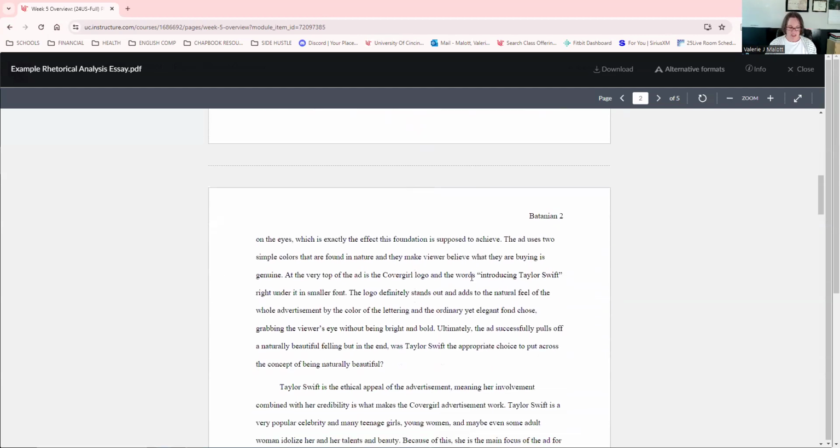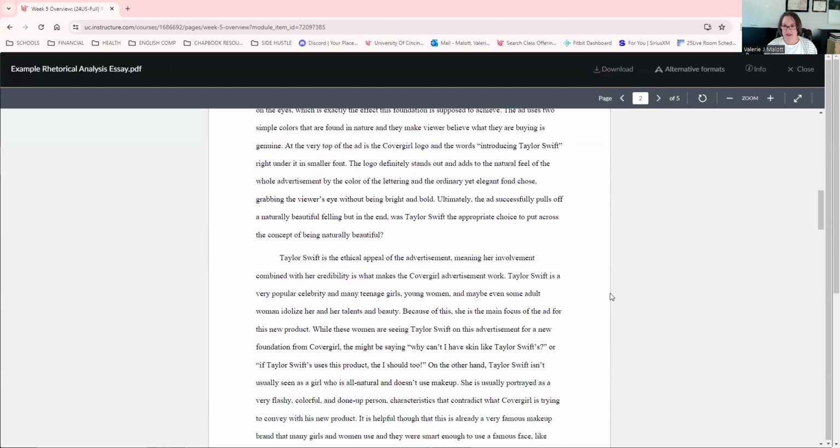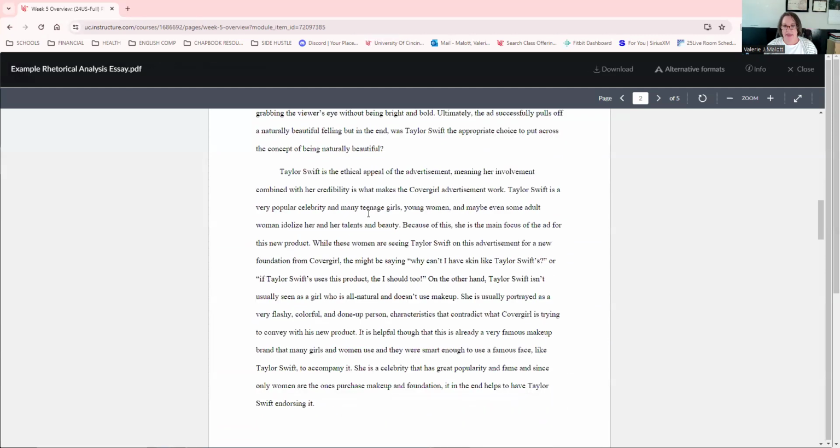It could be a little bit of a summary. That's always a good suggestion to start with some background or some summary information so that your audience understands the ad that you are discussing because they're not actually looking at it while they're reading your paper. So the student provides some description of the ad and then moves into talking about ethos.